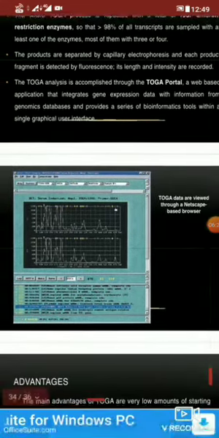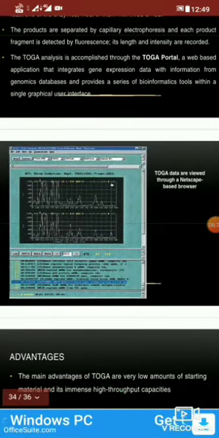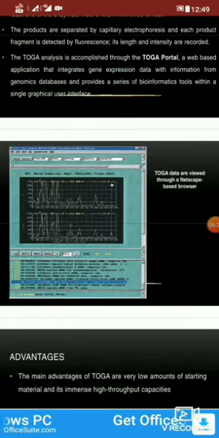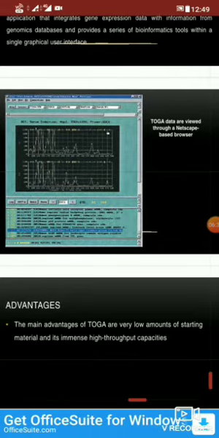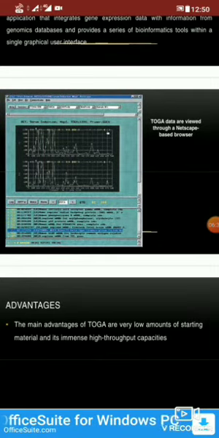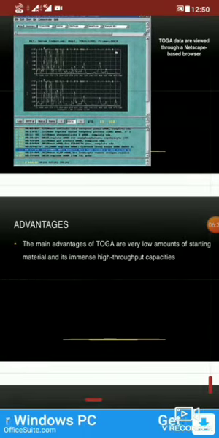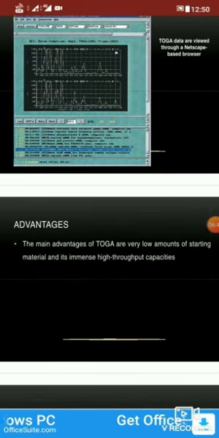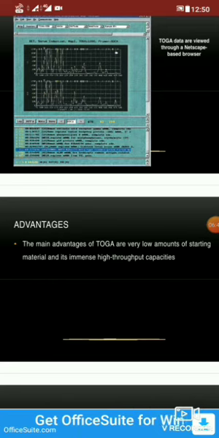Then, once TOGA has been completed, it will automatically compare the results of all the 4 restriction enzyme data, and you will get a graphical representation of the expression of various genes, which mRNA was produced, how much was produced in certain cells, and whether that mRNA is produced or not. In certain cells it might not be produced, in certain it might be produced. So this is what we understand by TOGA.